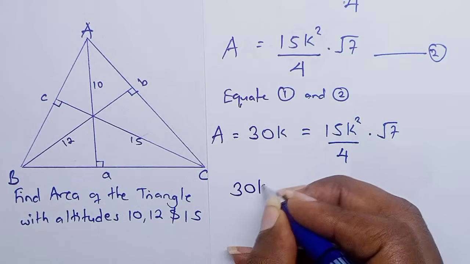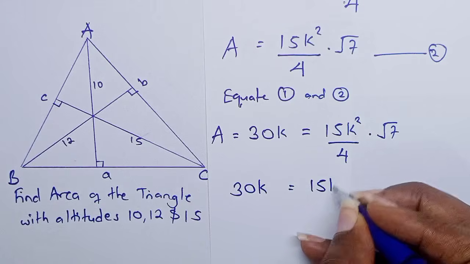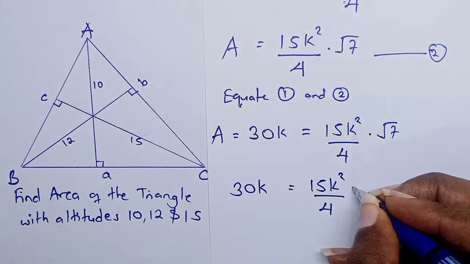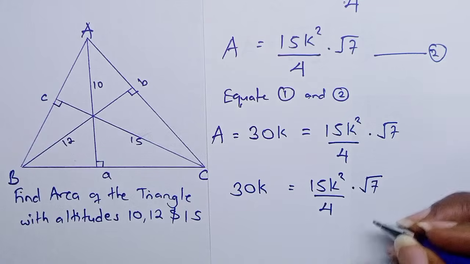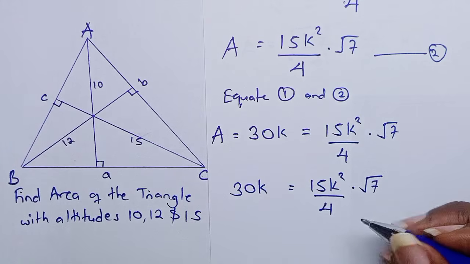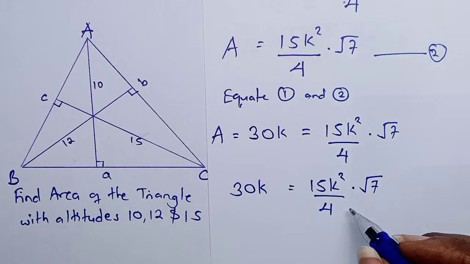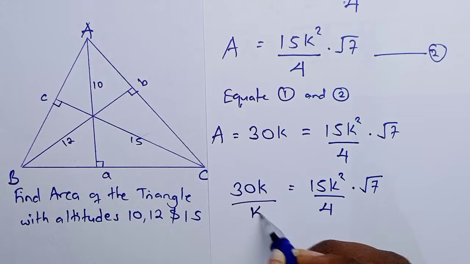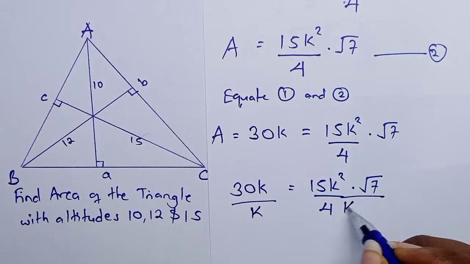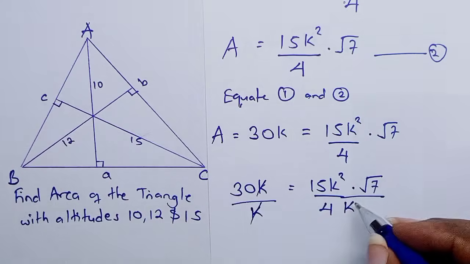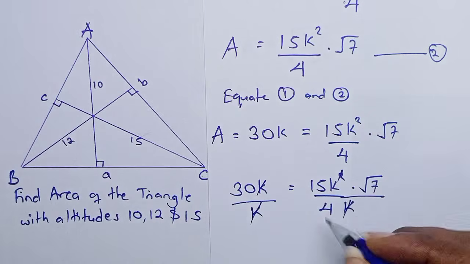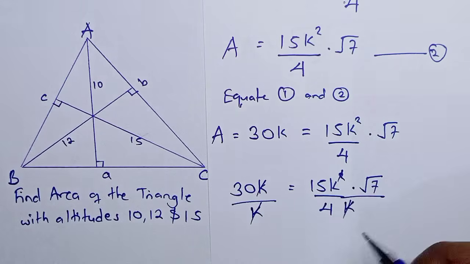So we have 30k is equal to 15k squared over 4 times root 7. So first let's divide both sides by k. So this k cancels and this k cancels with this, so we're left with just k in the numerator.